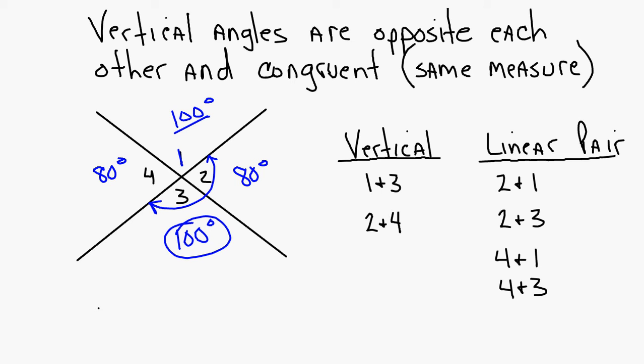It's a vertical angle with number 1. Or it's vertical to 3. Or that it's a linear pair with 4. Try to use the vocabulary that we're using right now, or the terms that we're defining, to justify your answer. All right? I know what you were seeing, and you were right, but let's use these terms to describe it. Okay?